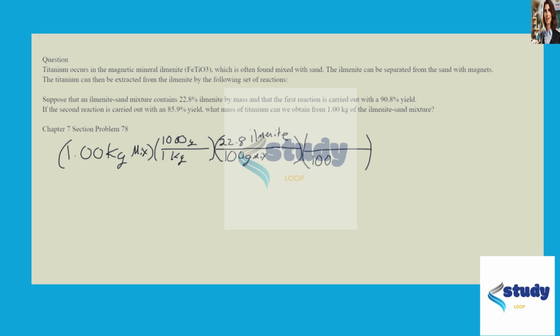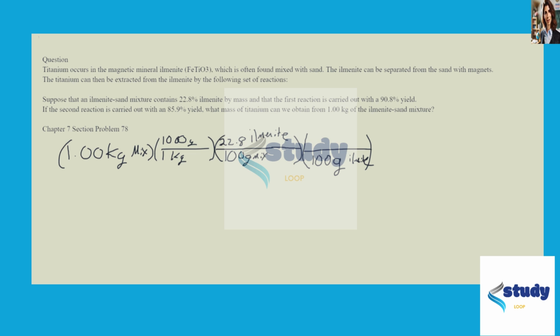100 grams of ilmenite, you're going to get, okay, so the extraction has a percent yield of that.